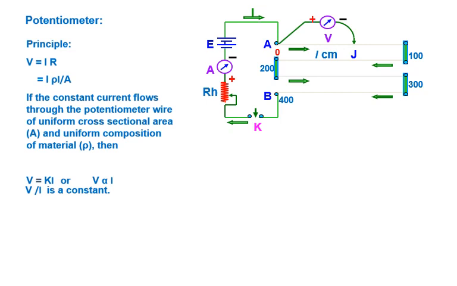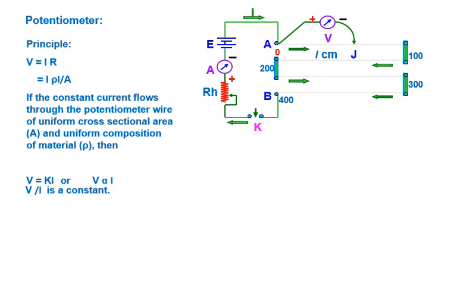As shown in the diagram, if we connect a voltmeter between the end A and the jockey, it reads the potential difference V across the length L of the wire AJ.